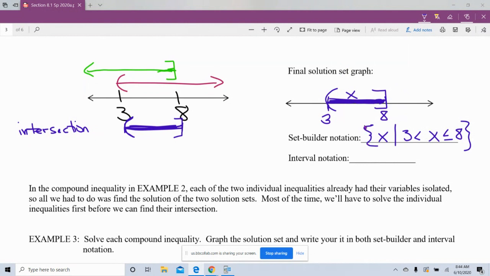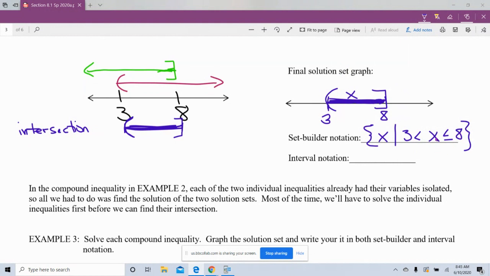So the way we read this again is, because of these set brackets, we read it as the set of all real numbers x, such that x is between 3 and 8, not including the 3, right? And that's the way we can read this. You could also read this as 3 is less than x and x is less than or equal to 8.